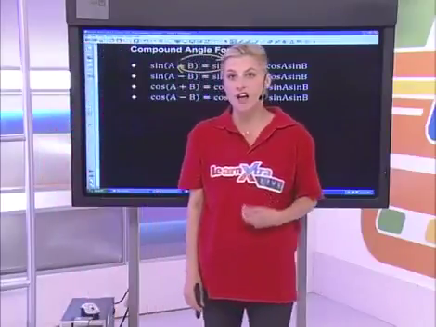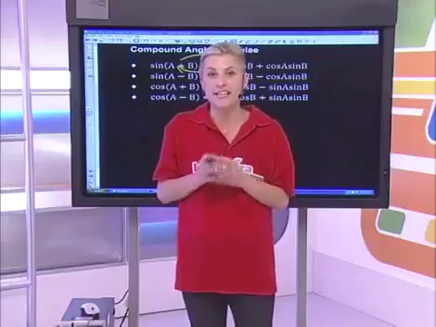Now, I'm going to start with a simple little sum that'll just show you how to deal with your compound angle identities. And we're going to be doing a little bit of grade 11 revision at the same time as well, because we are going to reduce some angles to first quadrant angles.